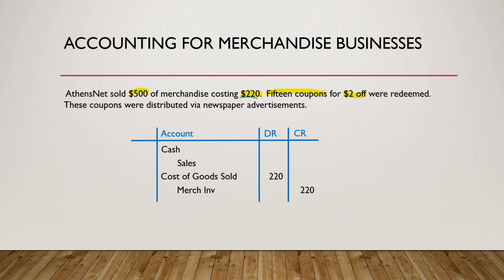As for our debit to cash and credit to sales, that will not be $500. Instead, it will be $470. We won't utilize the estimated coupons payable account since these coupons are point of sale coupons.